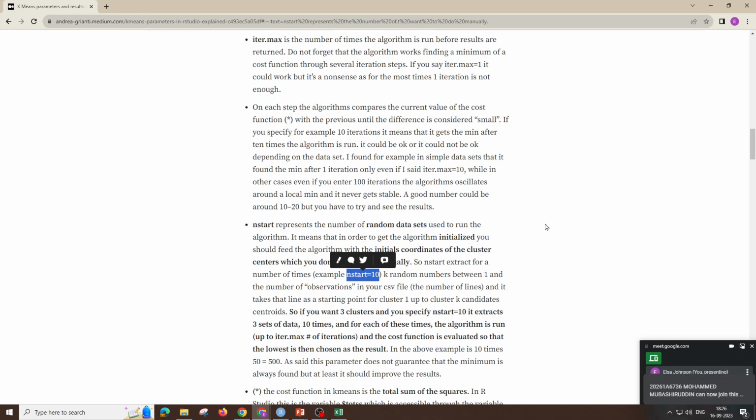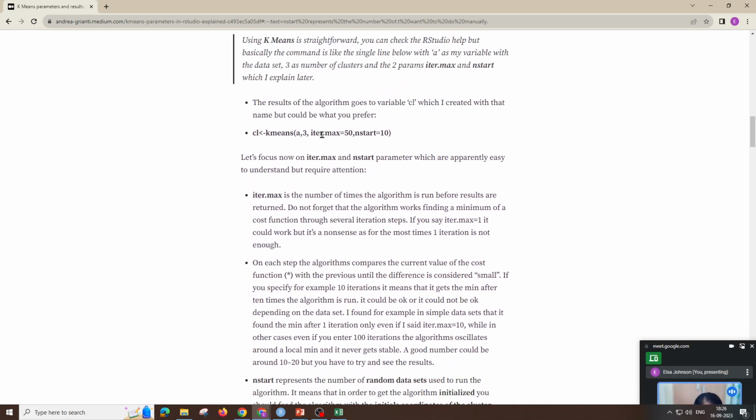It starts with 3 sets of data, but these 3 sets will be taken 10 times, and each of these times the algorithm is run up to a maximum of the number of iterations given. You can see in the above example, 10 times 50 will be coming, because iter.max is given as 50.